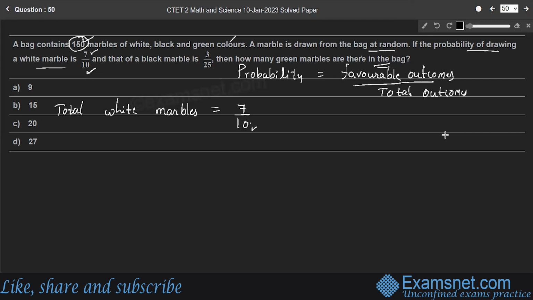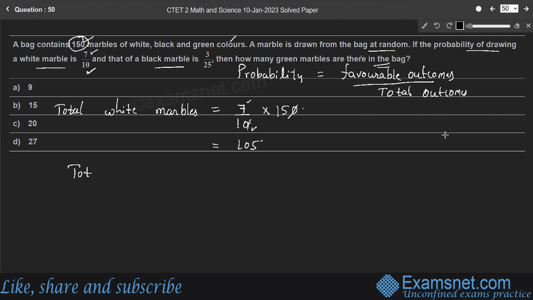That means out of 10, 7 marbles will be white. Therefore, out of the total 150 marbles, what is the number of white marbles? Total white marbles is equal to the probability of getting a white marble, 7 by 10, into total marbles, 150. 10 into 15 is 150, so 105. There are 105 white marbles.